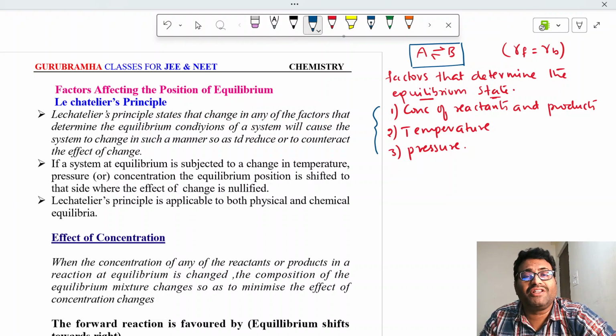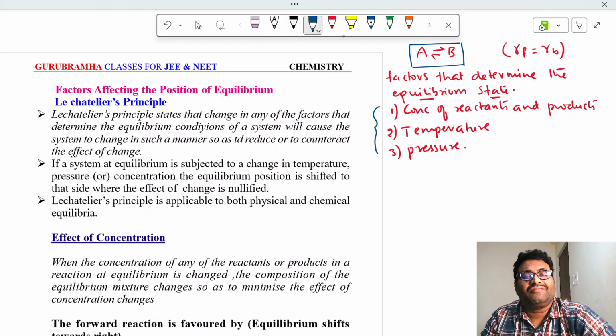How? You are changing the factors that determine the equilibrium: concentration of reactant and product, temperature, pressure. When you change any of these, the equilibrium is disturbed. The tendency of a reversible reaction is to attain equilibrium. So what does it do? It will behave in such a way that equilibrium is attained again.